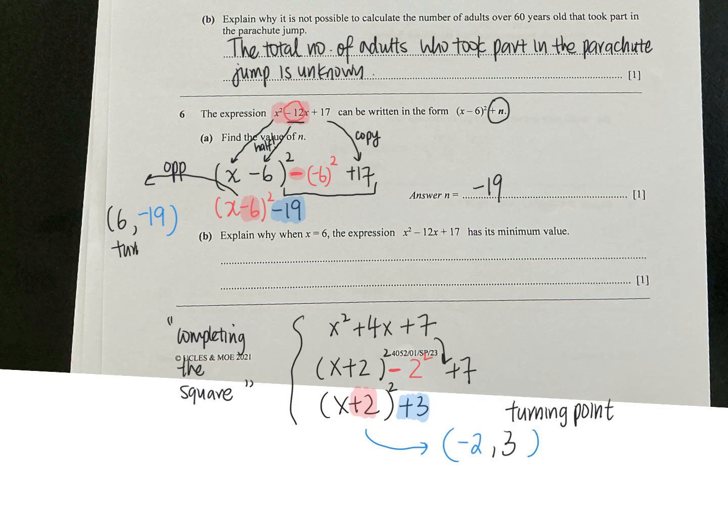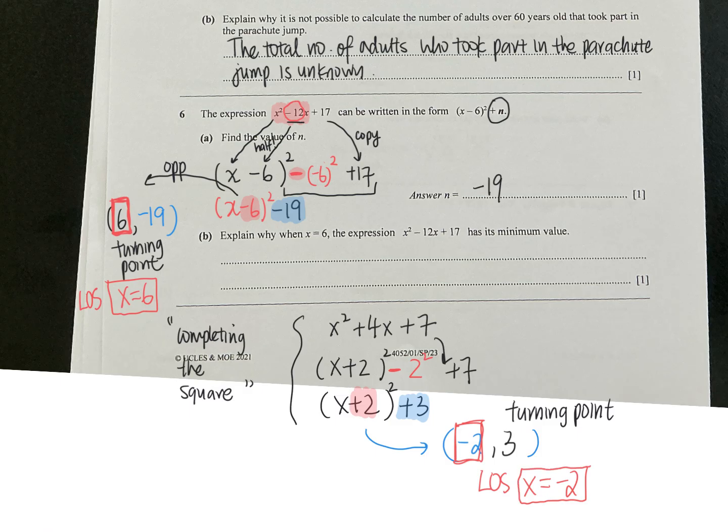Turning point. How to read line of symmetry? This value is the line of symmetry. So when they ask you what is the equation of the line of symmetry, you just give me x equal to 6. This is line of symmetry. Line of symmetry is this one. So just give me line of symmetry is x equal to minus 2. So from completed square form, you know line of symmetry, you know turning point.